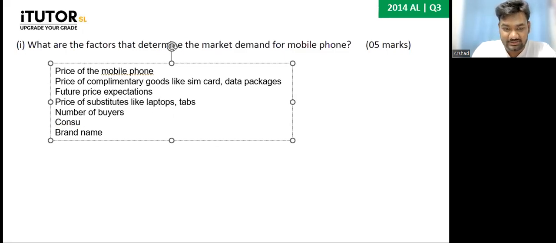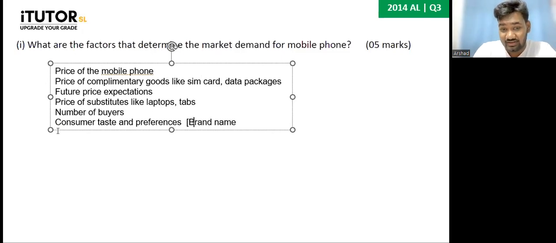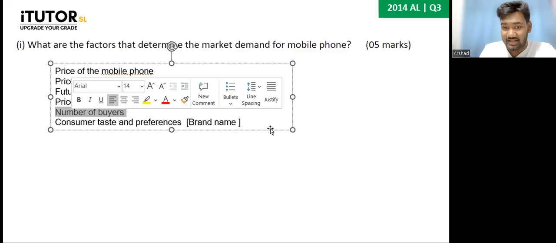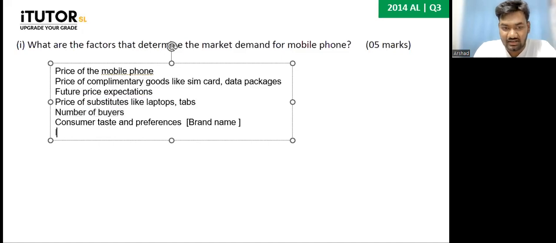Consumer taste and preferences. Here for example you can say brand name, because some people, why do they like the iPhone and all? Because of the brand. Okay, so number of buyers is number of consumers. Yes, you can say income of buyers also, good. Yes, that's another one. Income of buyers. These can be the points, guys.